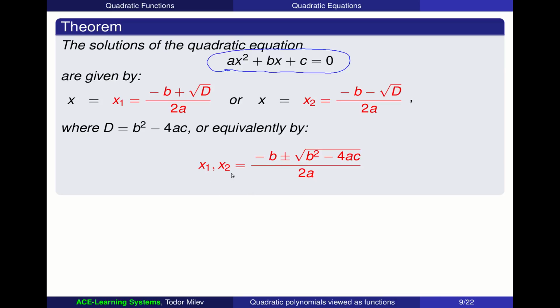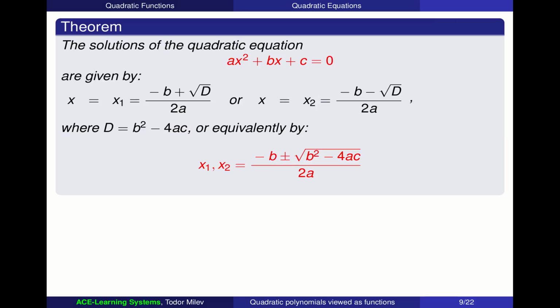Its two solutions, x1 and x2, are given by minus b plus or minus, so this symbol here is read plus or minus, because that's what we had on the previous slide. Radical of b squared minus 4ac, or radical of d, radical of the discriminant, the whole thing divided by 2a. So that is our final formula for the solution of the quadratic equation.